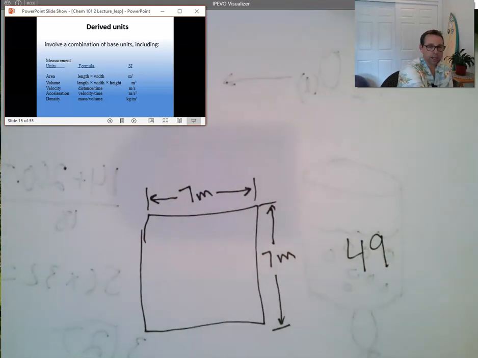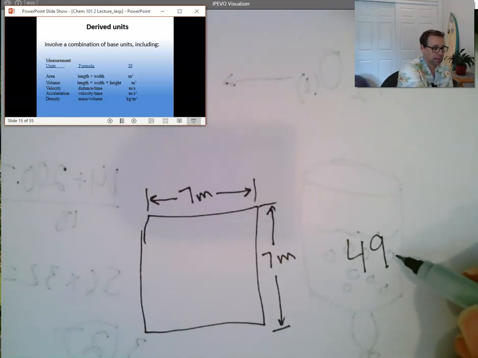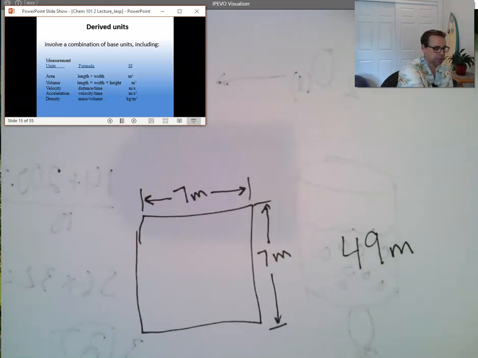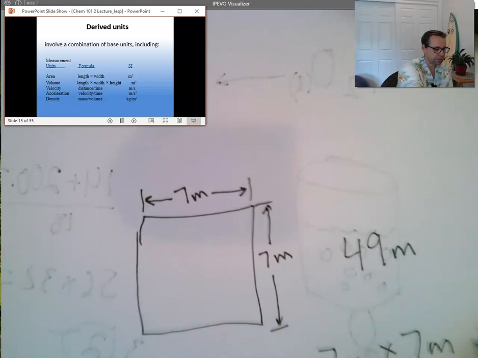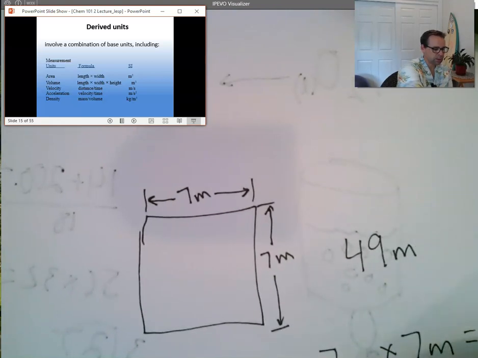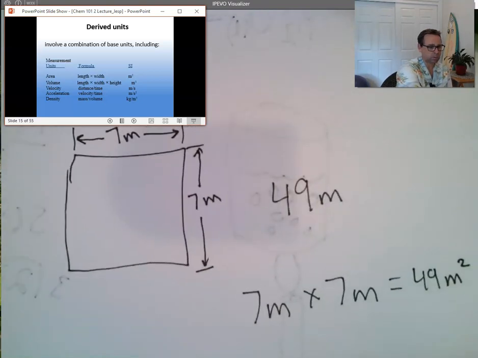Yeah, 49. But now we can't just say the area is 49. We have to put the units on there. And it's not meters, because what you did is you took 7 meters times 7 meters. So the 7 times 7 equaled the 49, but the meters times the meters equals meters squared.